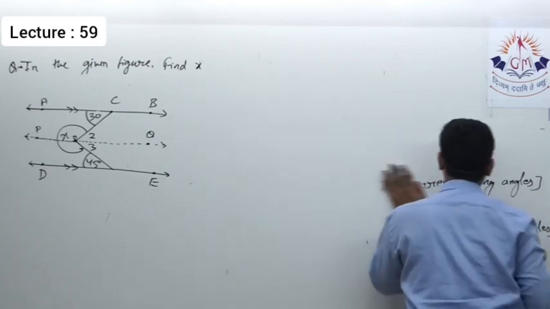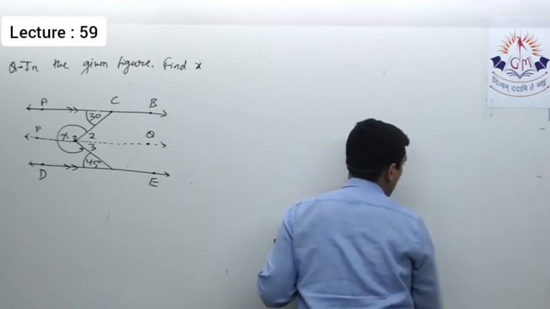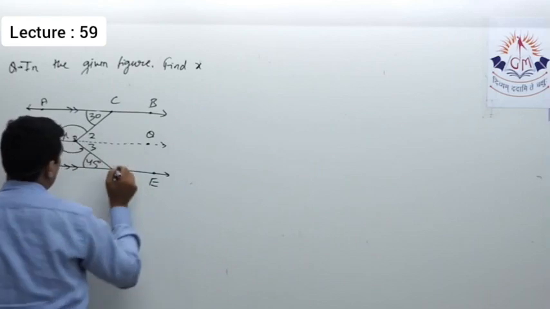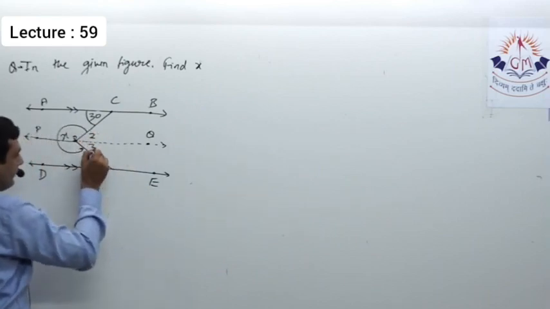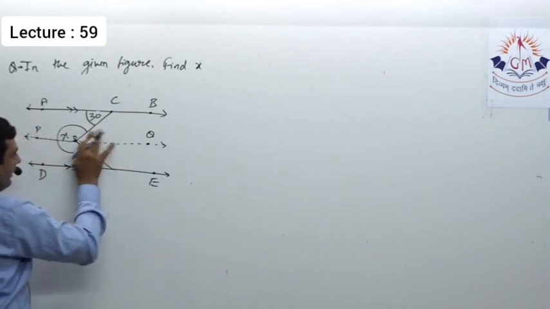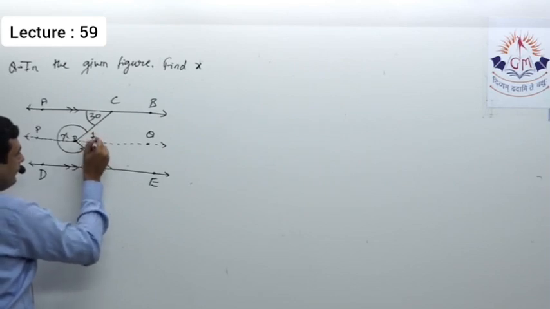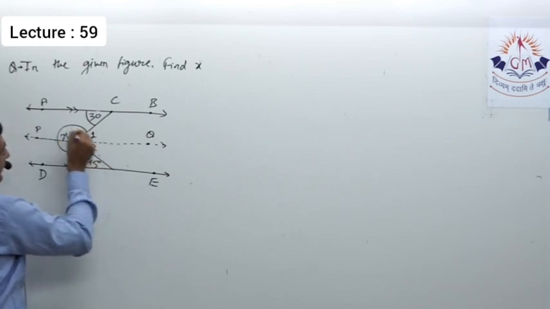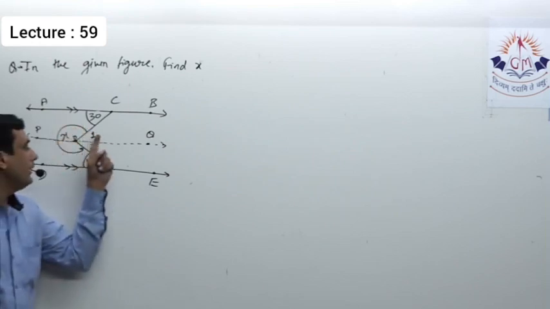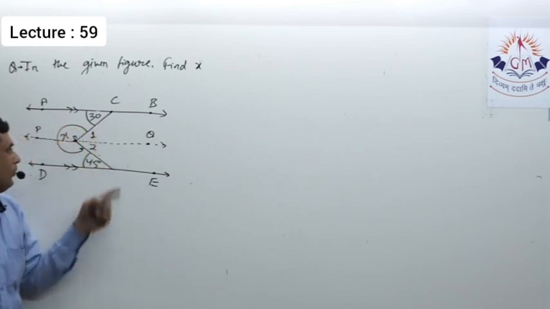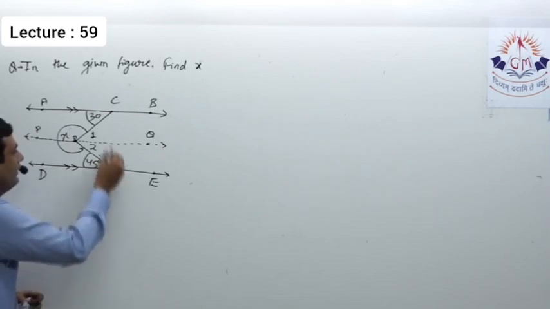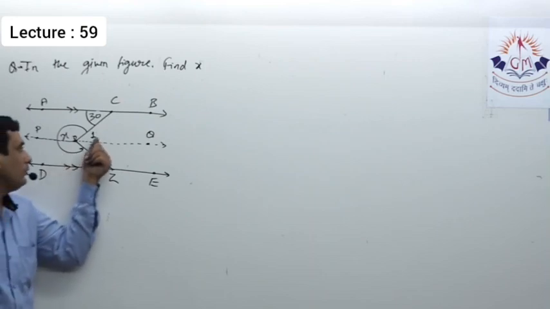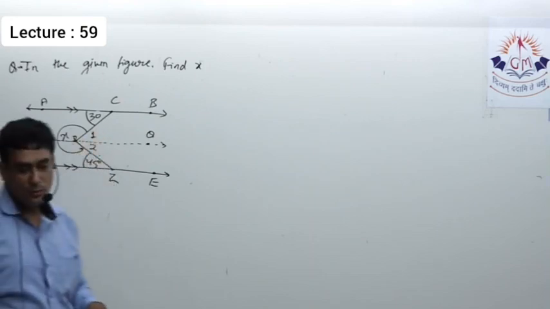To obtain the measure of a reflex angle, we need the measure of this angle. If we have the measure of angle 1 and angle 2, or 1 plus 2, it is easy to find the measure of this complete angle. Let the point be Z. If I have the measure of angle COZ, then it is easy to find the measure of x. So first of all I will try to find the measure of angle COZ.